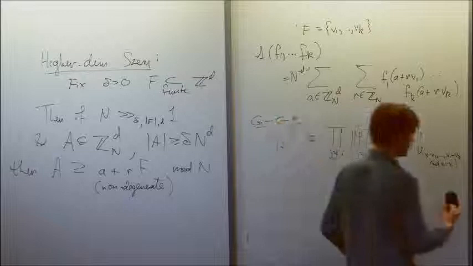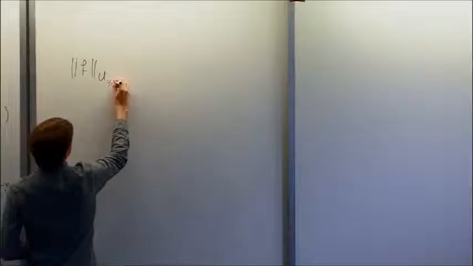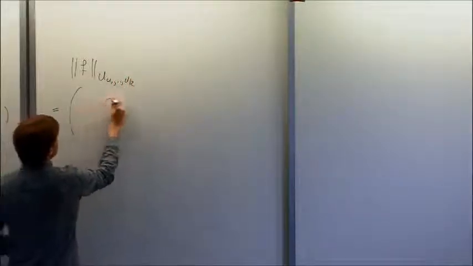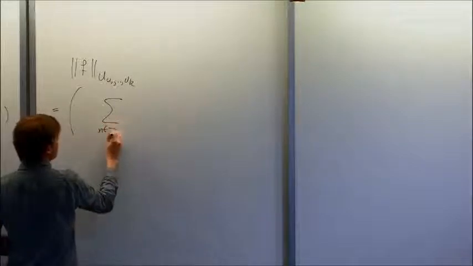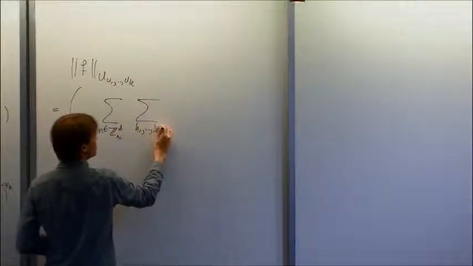Now let me tell you what it is. So for some choice of directions, say u1 up to uk, this is again going to be an average over base points in the whole group, and then over some differencing parameters.